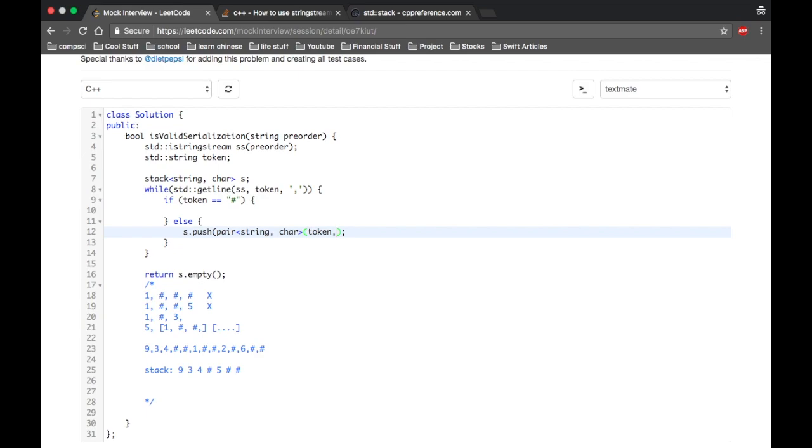Yeah, so 9-3 and then 9-4. Well, I guess if you check the top of the stack, no. Oh, wait. You can check the top of the stack and then check to see if it's a left or right.